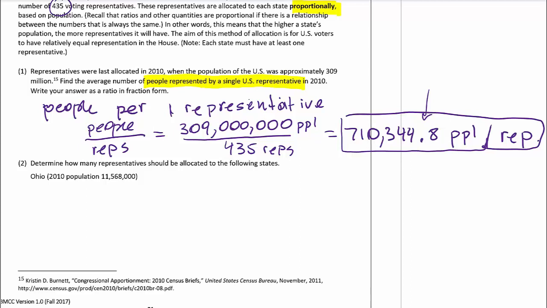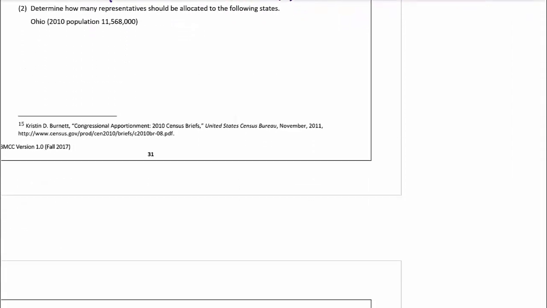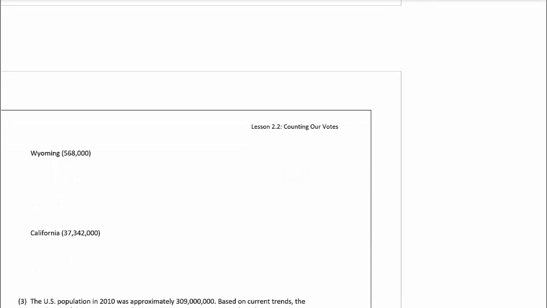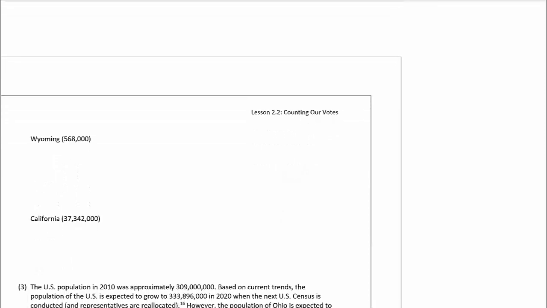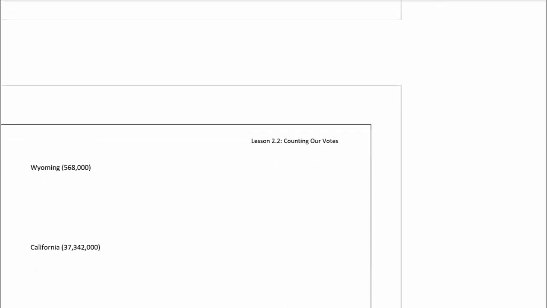Now look, we're going to use that number. Understand that this number of people are represented by one representative. Now we're going to look at 3 states: Ohio, Wyoming, and California. California is the largest state in the United States. Wyoming is, I think, one of the smallest, maybe the smallest state.